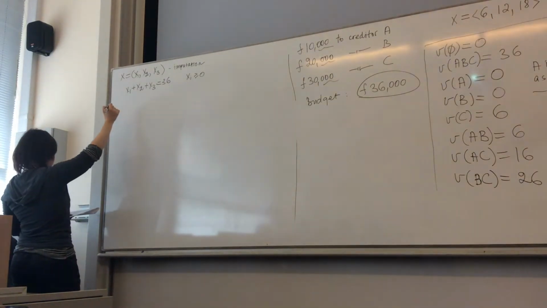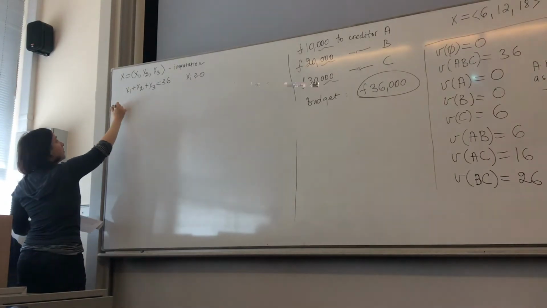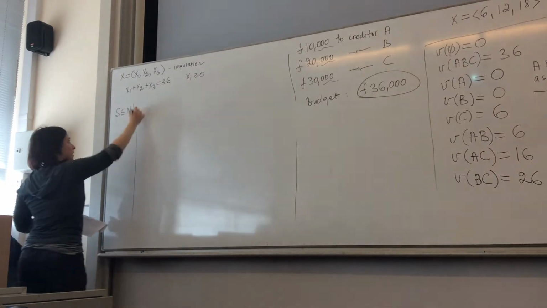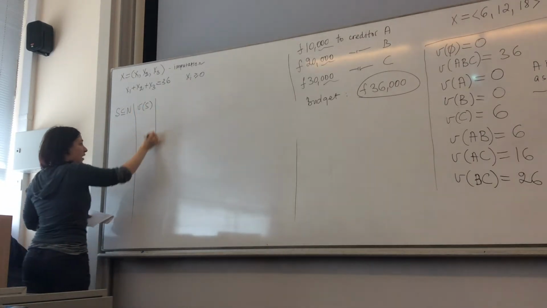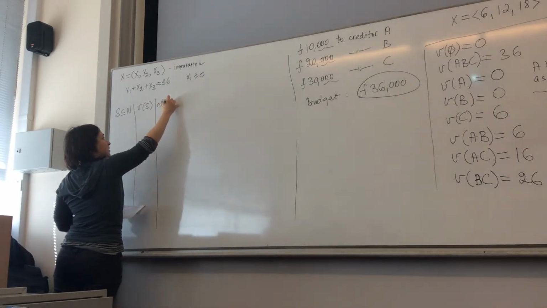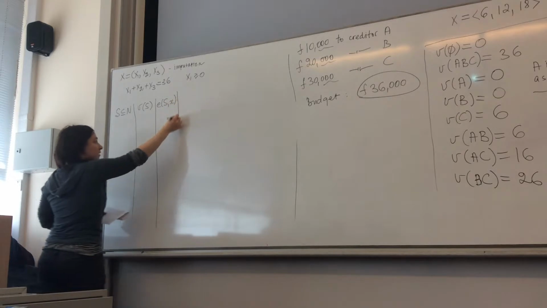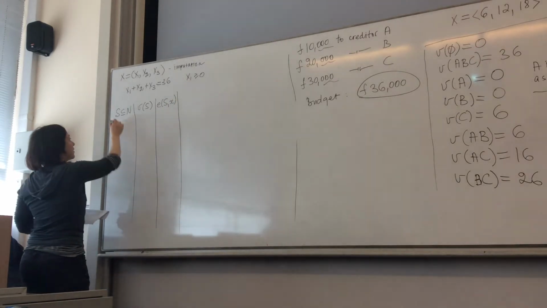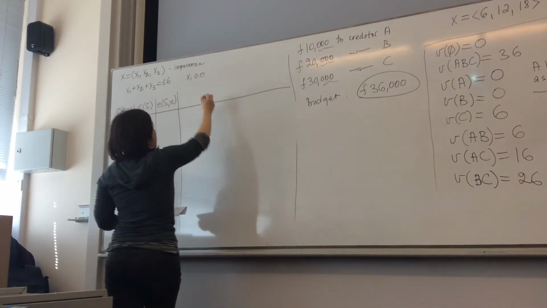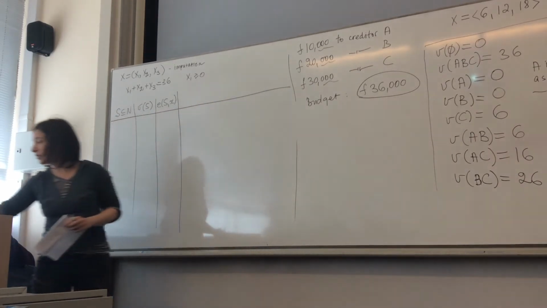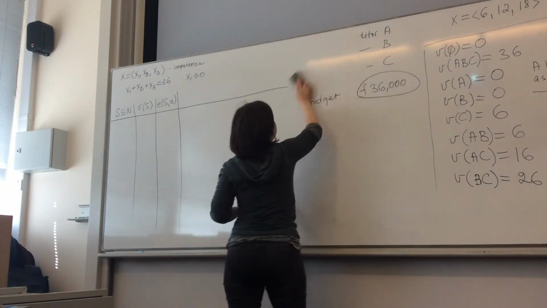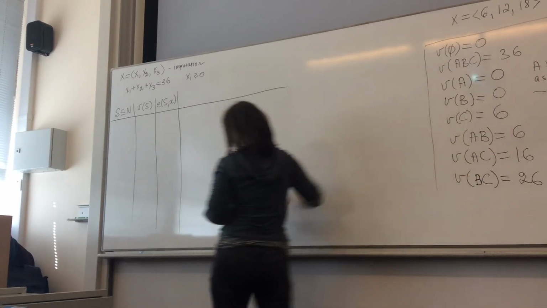So let me call it the coalition S of the agents. That would be its value. That would be the excess of S under X. And we will make a space for writing for 4 different payoff vectors over there.